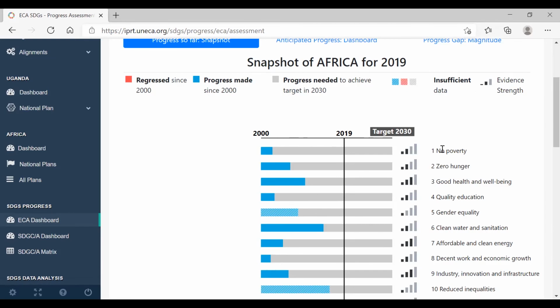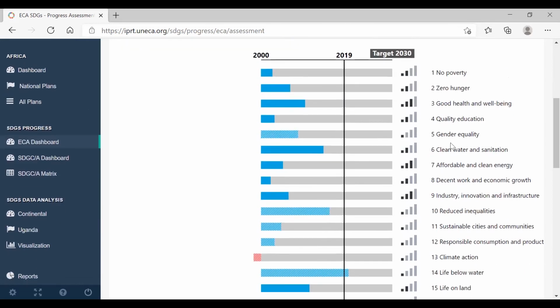Let us look at the first goal, no poverty. Look at the gap: limited progress for Africa as a whole. And Africa has made very good progress with regard to goal number 6, clean water and sanitation. And also better with goal number 3, good health and well-being.